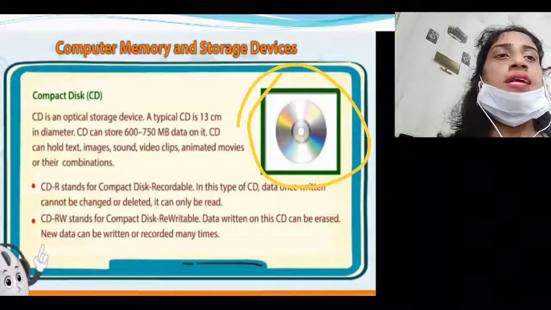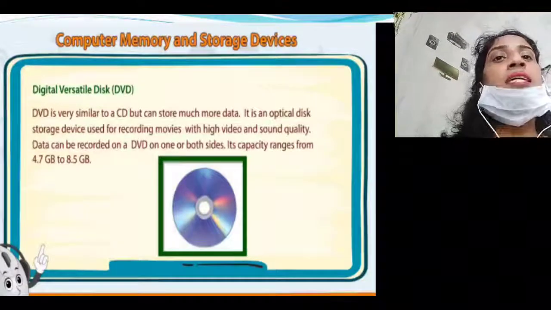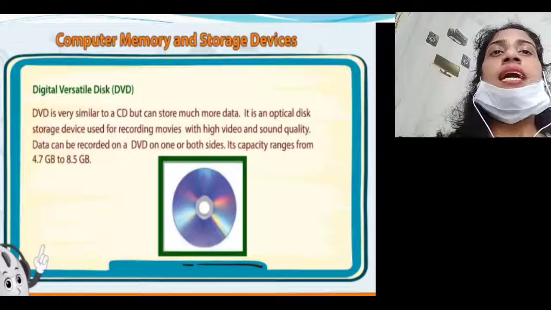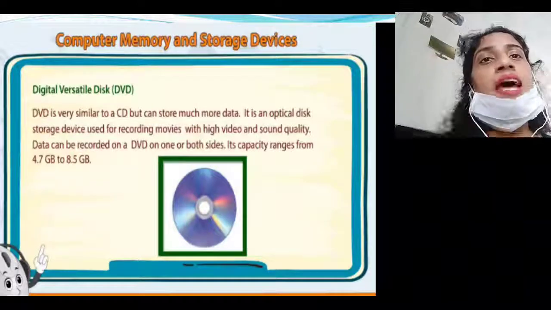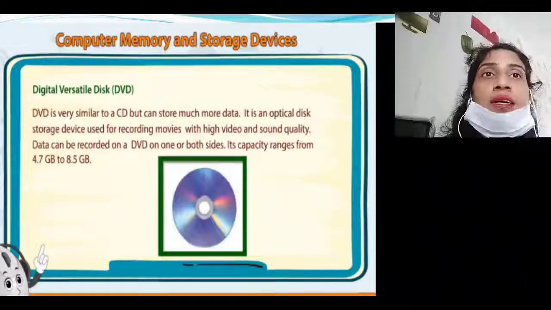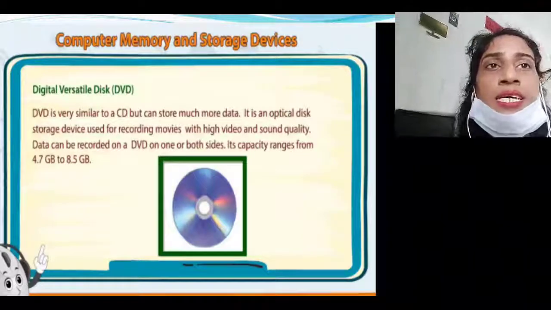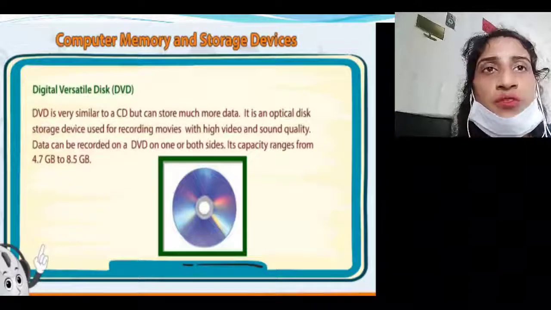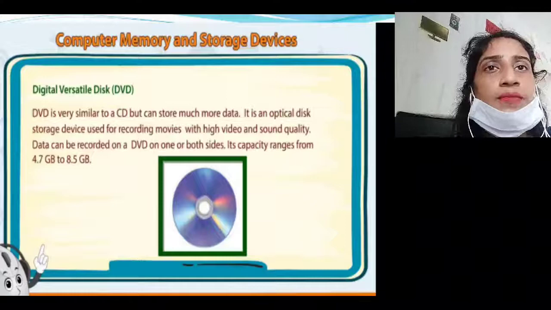Let's talk about the next secondary device, the DVD, that is the digital versatile disc. DVD is very similar to CD but can store much more data. It is an optical disc storage device used for recording movies with high video and sound quality.